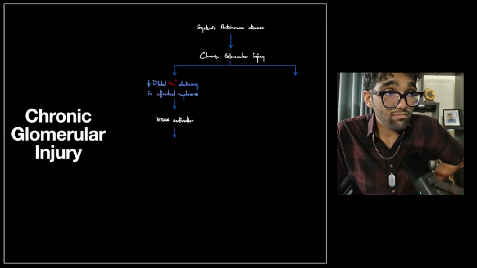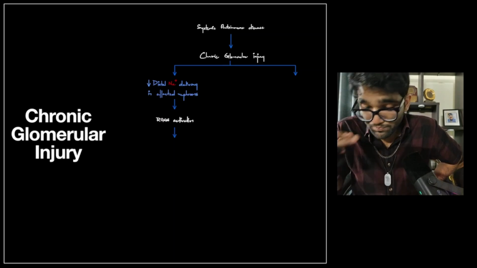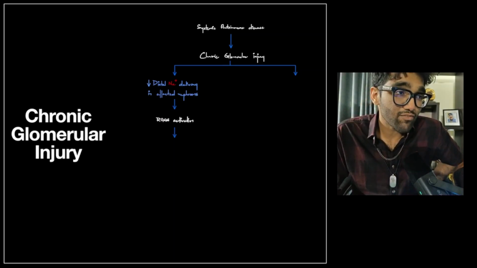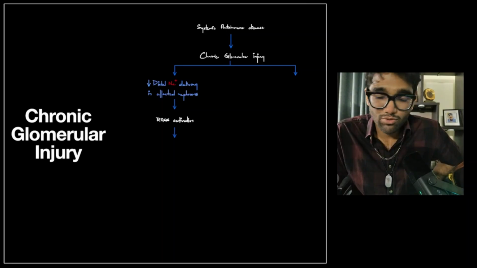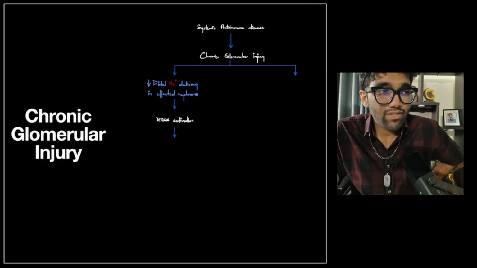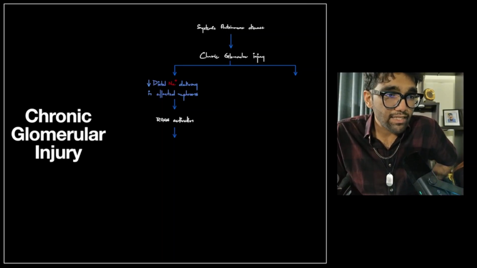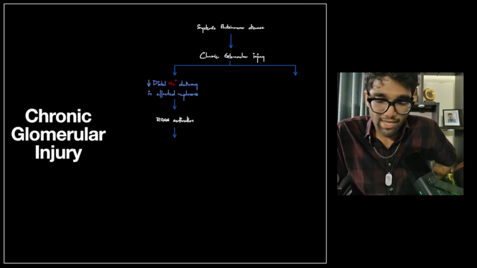That causes RAS activation. Okay, because the tubular cells have now healed and they are coming back to producing renin, however the glomeruli are damaged beyond repair, many of them, and because of that their distal sodium delivery is decreased, and resultantly there is a RAS activation.